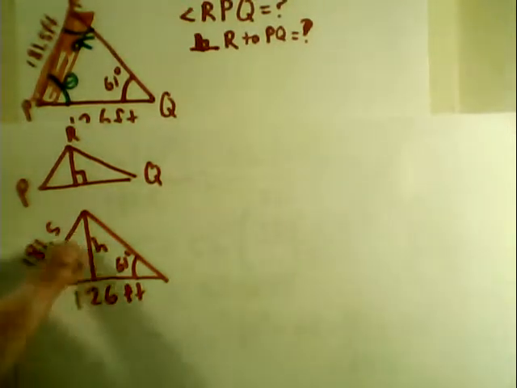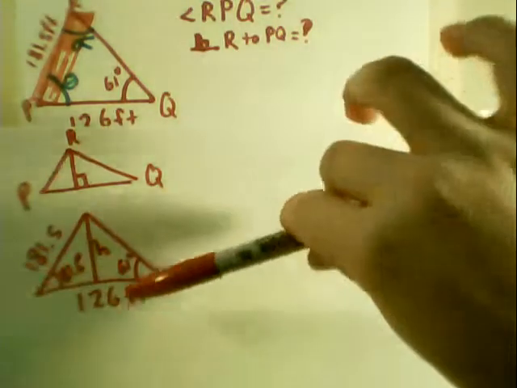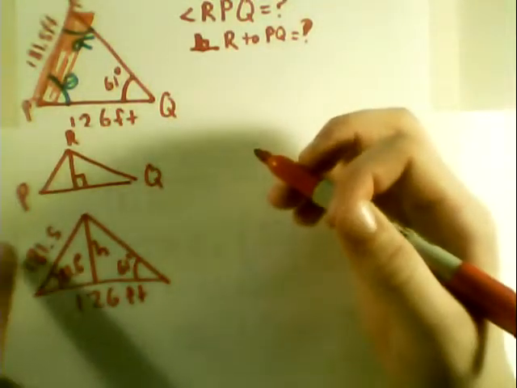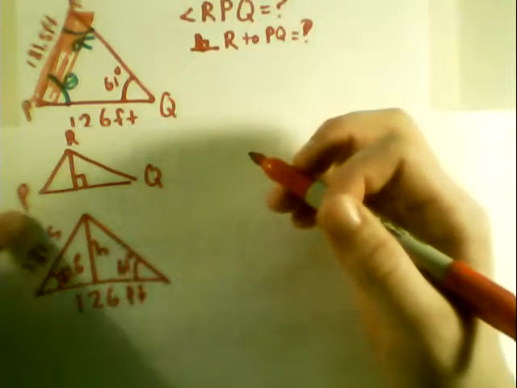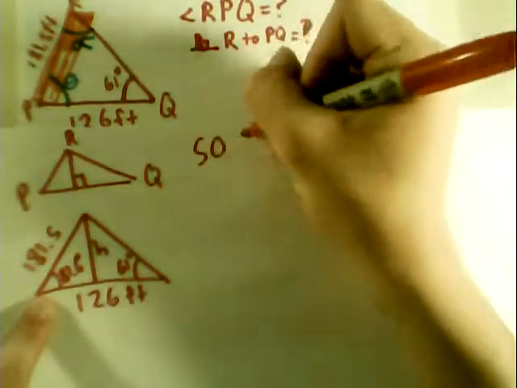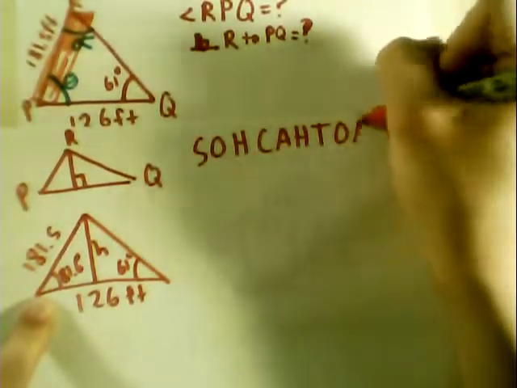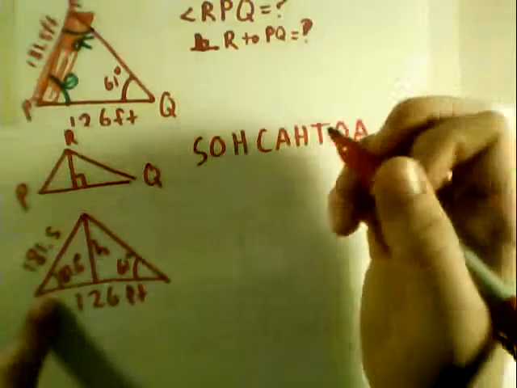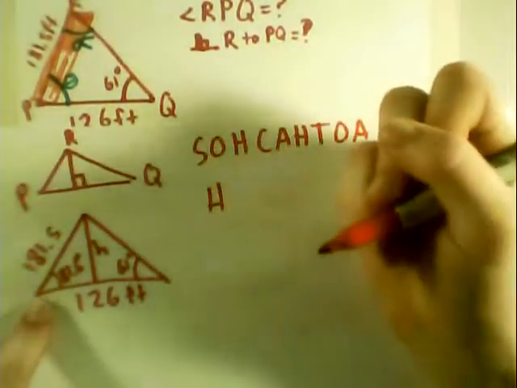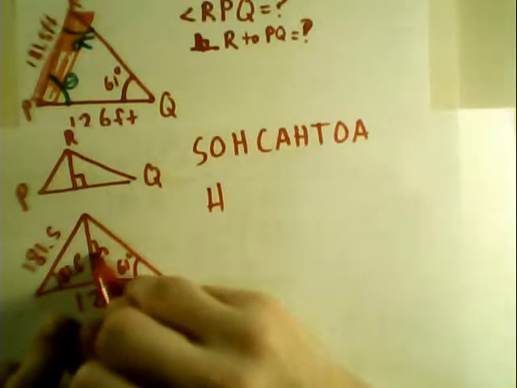the perpendicular distance. Okay, so to go about finding that, and since we know the hypotenuse and angle, we can apply SOHCAHTOA. Okay, so we know our hypotenuse and we know our angle, and we're looking for opposite the angle.